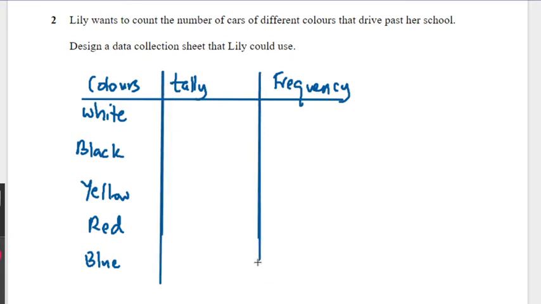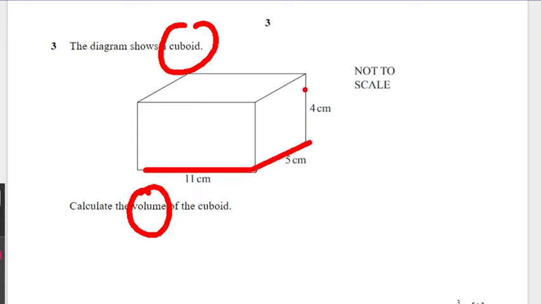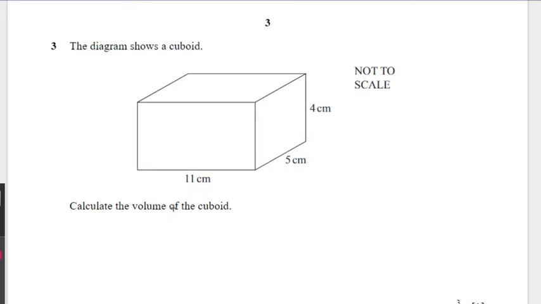All right, that's number 2. Move on to number 3. This diagram shows a cuboid. Calculate the volume of the cuboid. We know that to find the volume of a cuboid, it is length times width times height. This is quite simple, and the unit is all centimeters. There's no trick, this is quite direct.